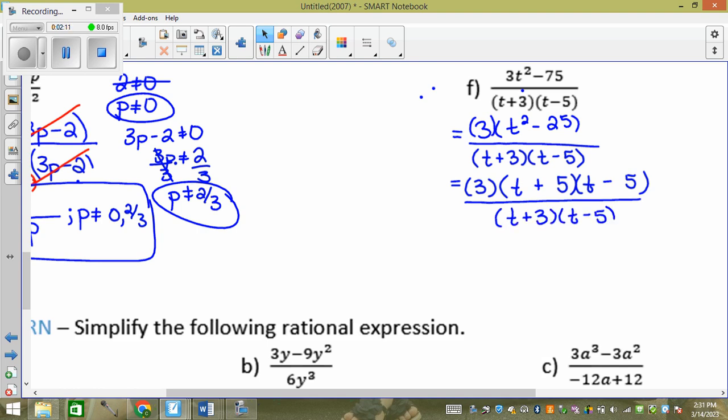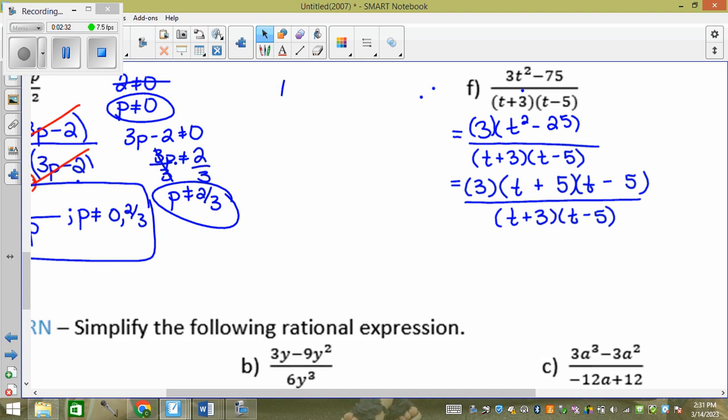Okay. I cannot cancel. I have to slap my hand before I cancel and say, did I state non-permissible values? If I have not, I must. Now, how many brackets do I have in my denominator? 2. How many of those brackets have variables? 2. How many NPVs am I going to get? 2.